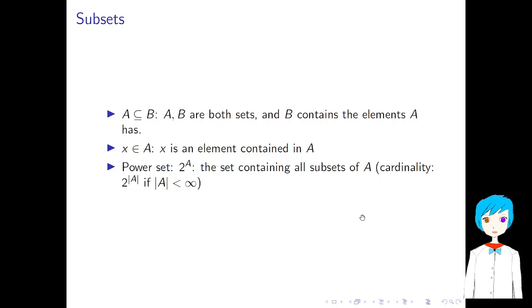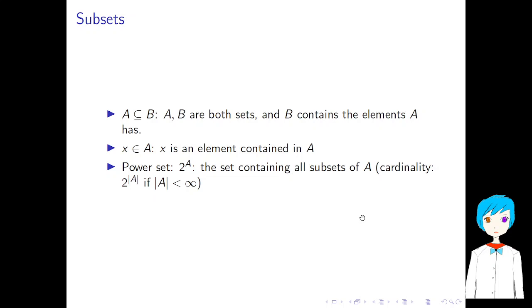We use the notation A is a subset of B, provided that both A and B are sets and B contains the elements A has. So it's different from the notation belongs to. We say that x belongs to A if x is an element contained in A. It's different from A being a subset of B, because here the object x is an element.